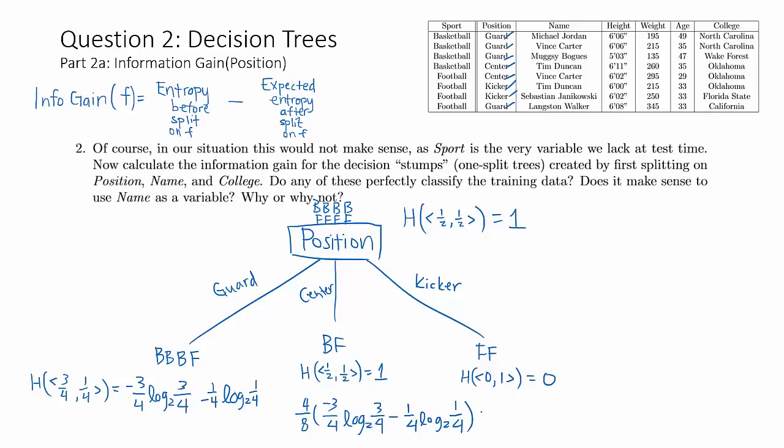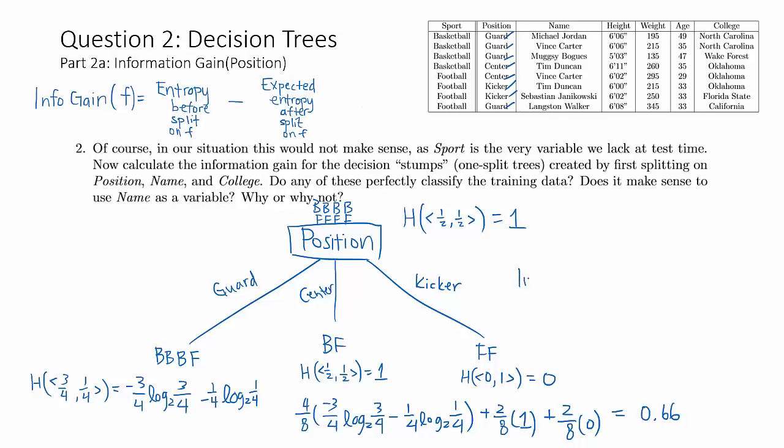For this group, we'll have 2 out of 8 samples, and the entropy is 1. And for the last group, we also have 2 out of 8 samples, and the entropy is 0. So if you plug this expression into a calculator, this is equal to roughly 0.66.